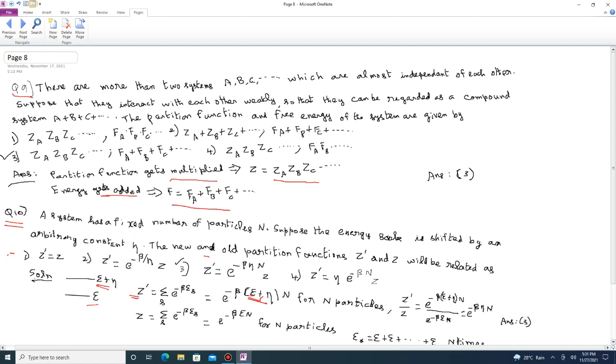Before shifting, let us use the old partition function.